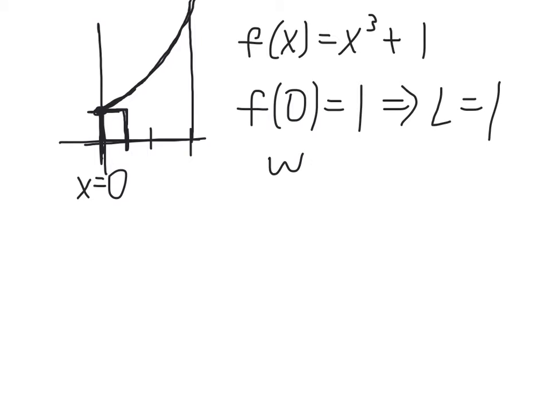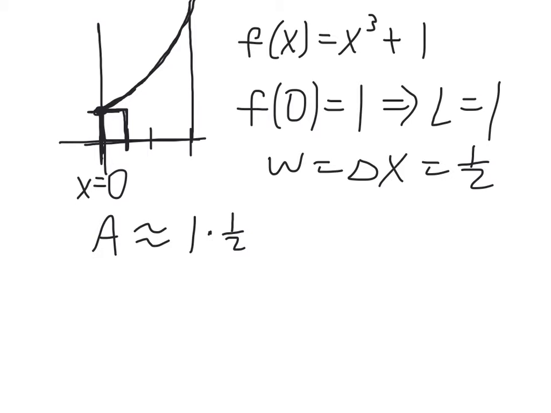And the width, well, again, that's our delta x. Now, we'll kind of start pulling all of this together. The area is going to be approximately the area of this first rectangle, which would be length times width, plus, moving to the second rectangle, we're going to use what?